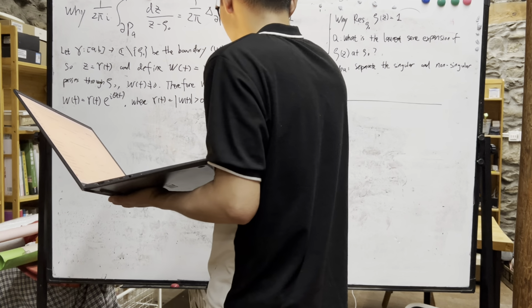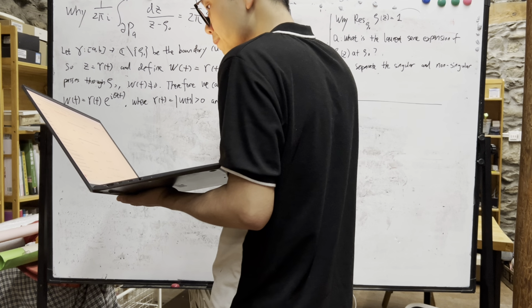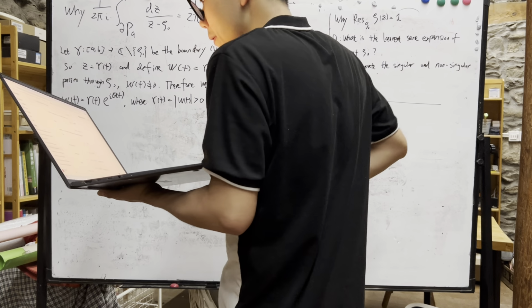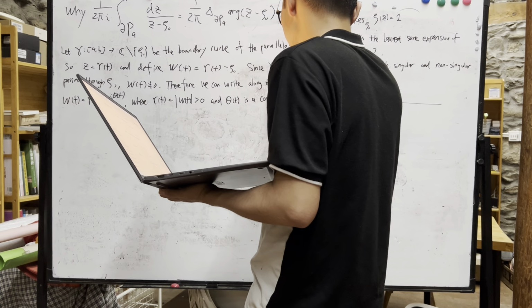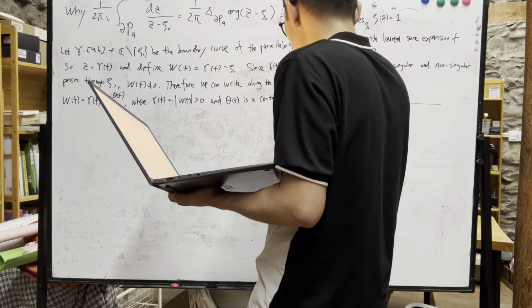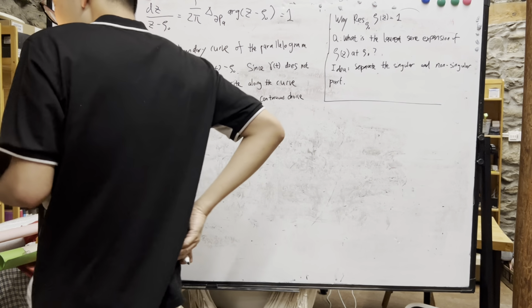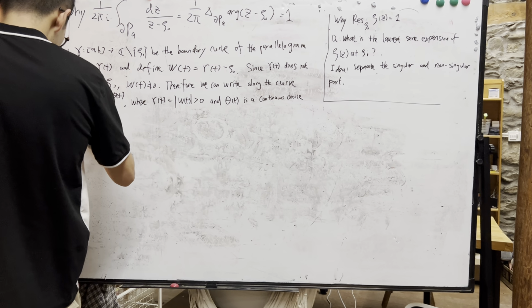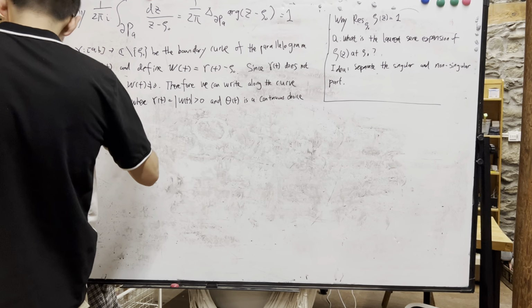And also theta of t is a continuous choice of argument along the path.